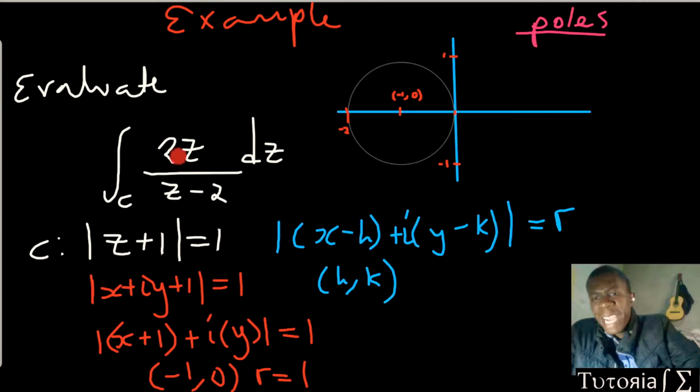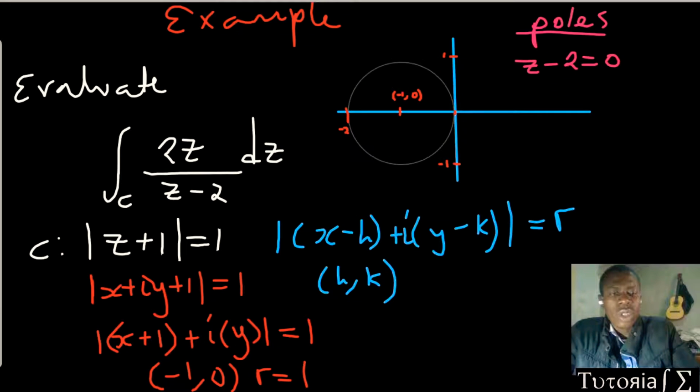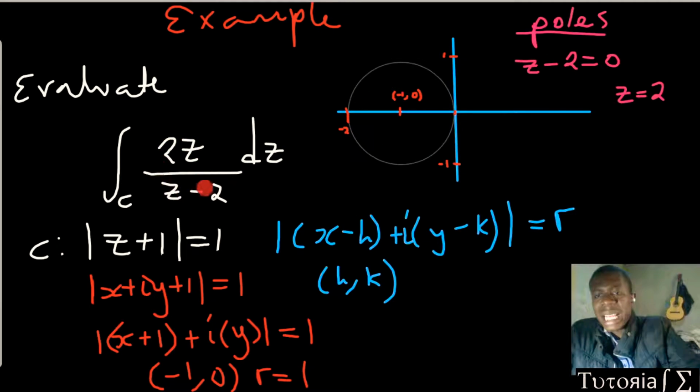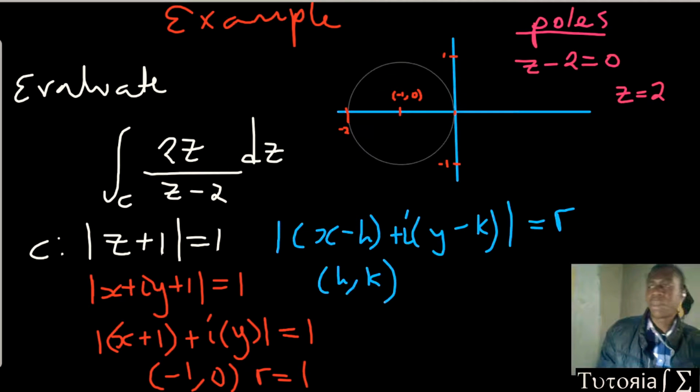So we need to find the point where this function is not analytic, and how we do that is we just equate whatever is at the denominator to 0. So we say z minus 2 equals 0, meaning that at z equals 2, this is undefined.